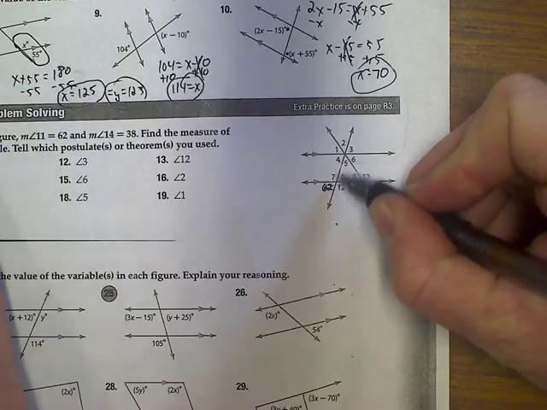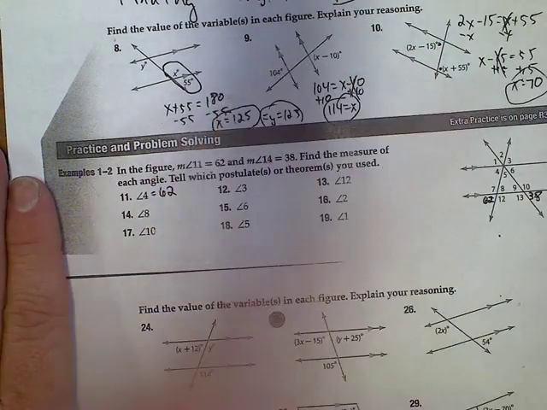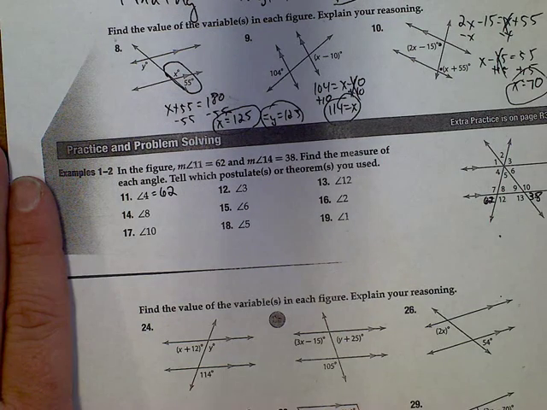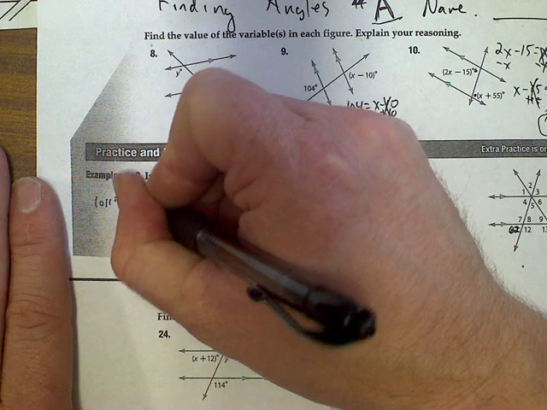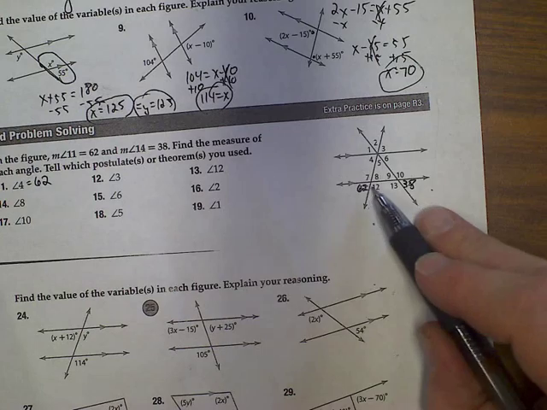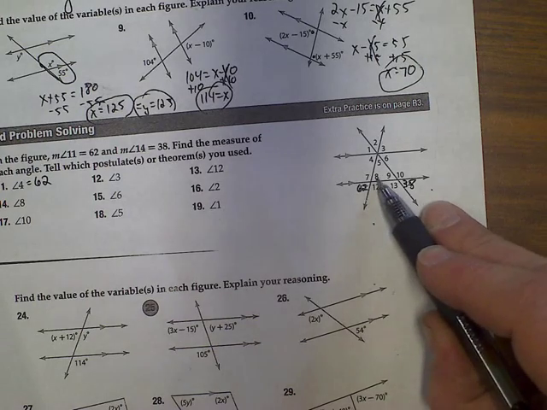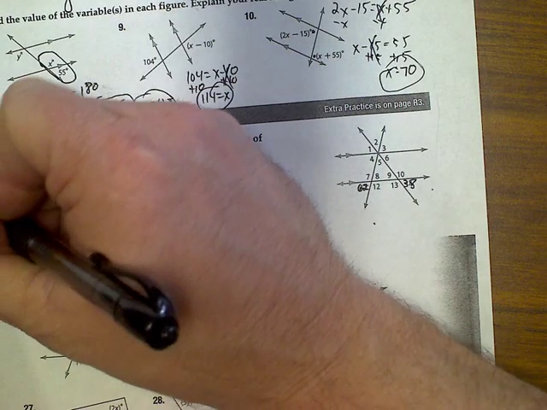These are corresponding, so angle 4 has to equal 62. Angle 8 is vertical with 62. These are vertical.